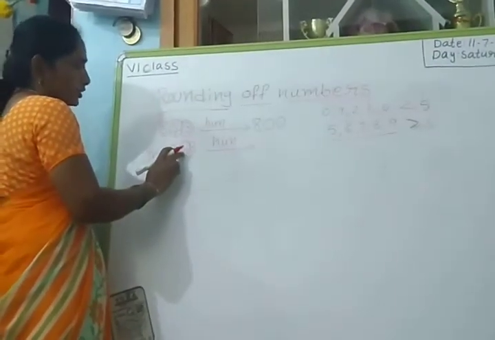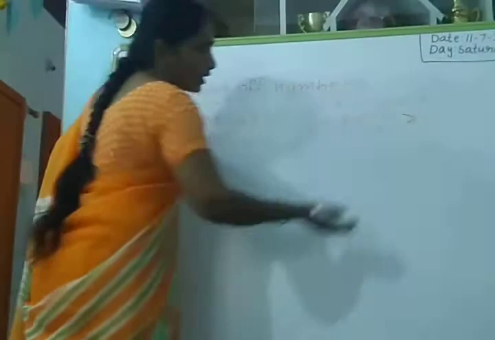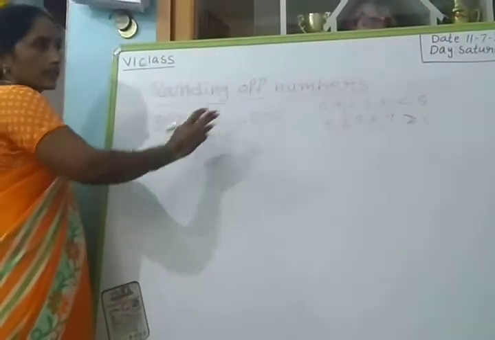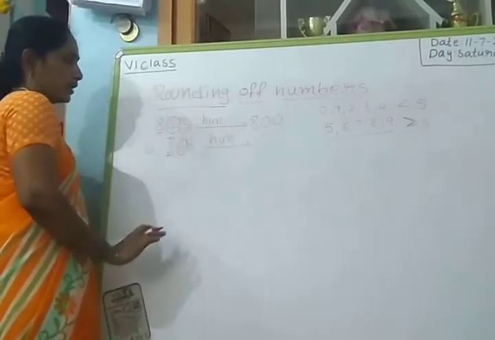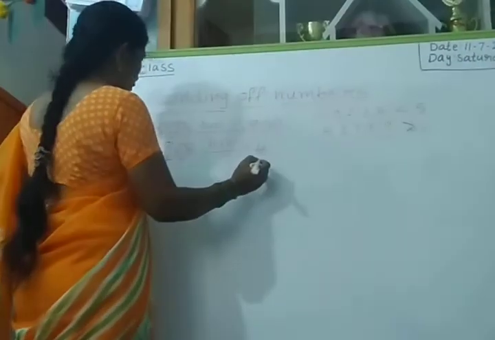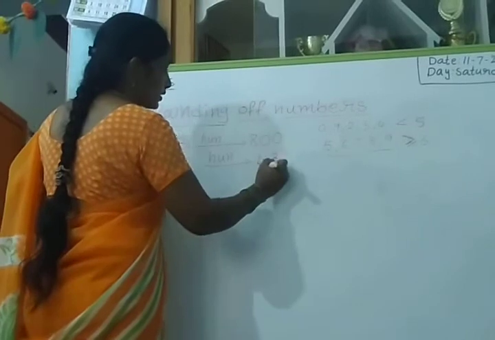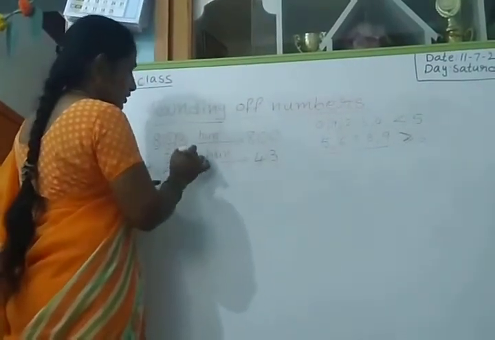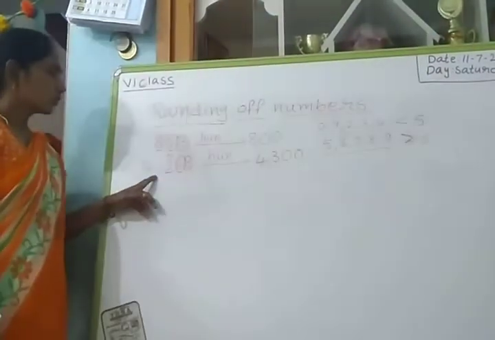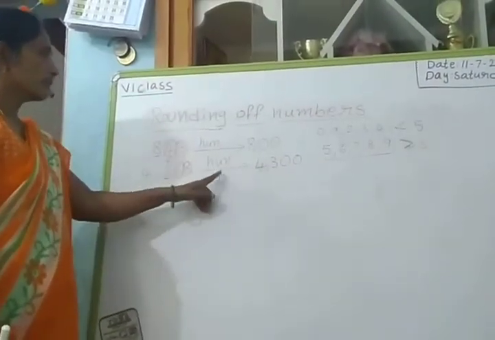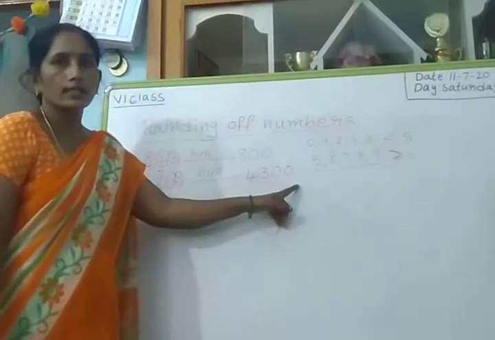Which digit is there? 6. 6 is greater than 5, so we add 1 to the hundreds place. 2 plus 1 is 3, and the remaining tens and ones places become 0. So 4268 to the nearest hundreds is 4300.